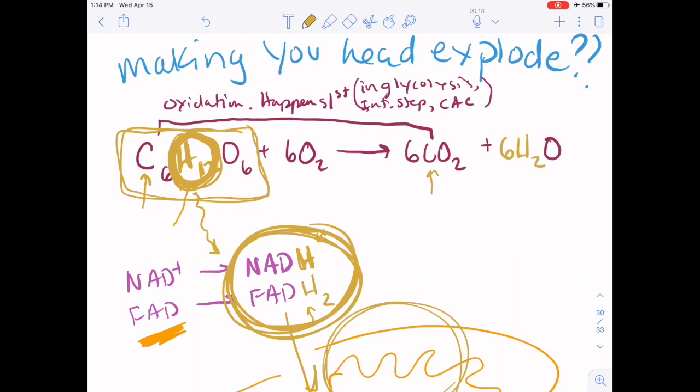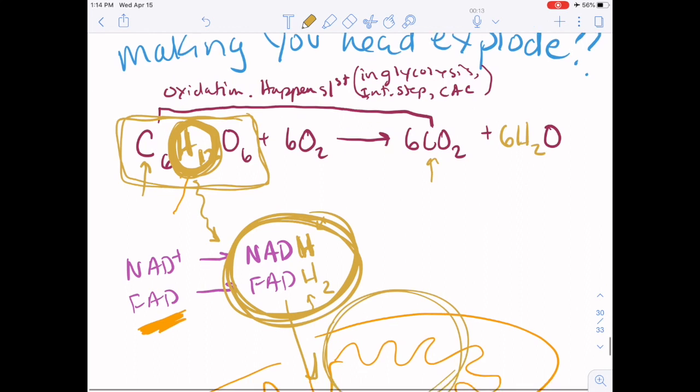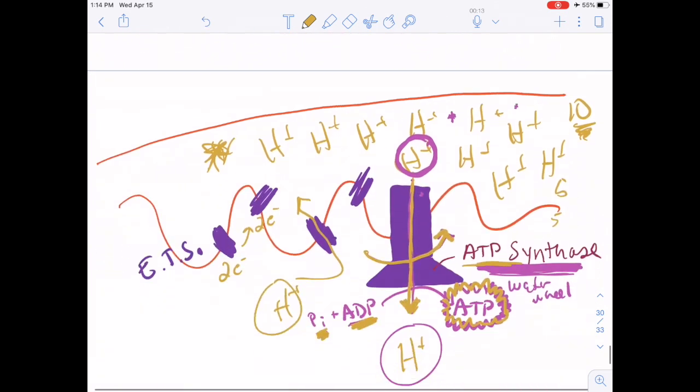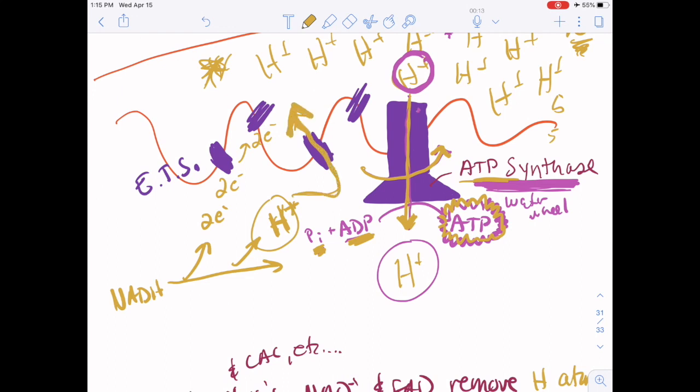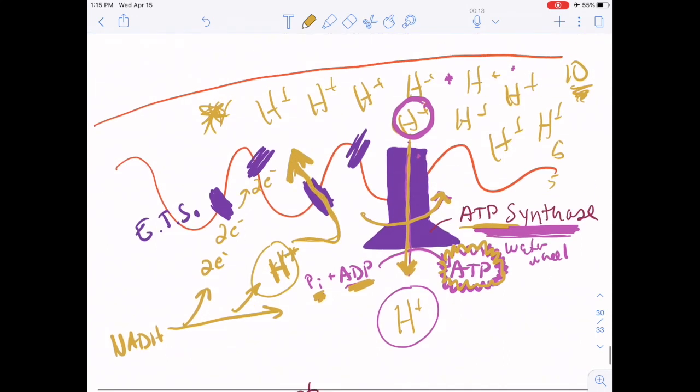and NAD plus and FAD are going to rip those out of glucose and the carbs you eat, cart them into the mitochondria, where NADH is going to give up those hydrogens in the form of 2 electrons and protons. Those protons are going to get pumped across the inner membrane of the mitochondria, set up this absolutely awesome concentration gradient that's like water being held back by a dam.